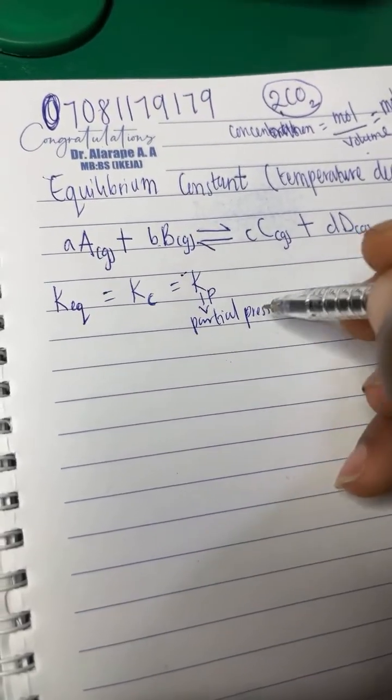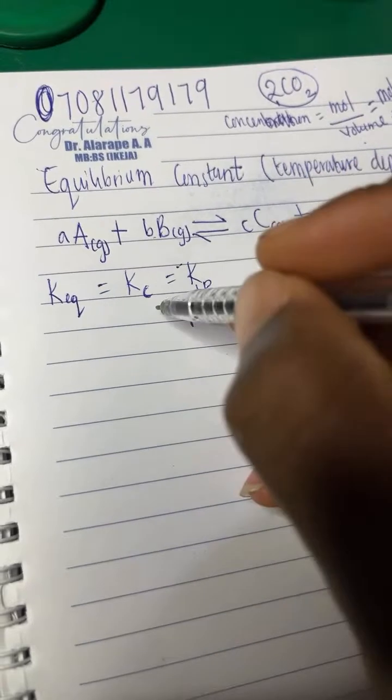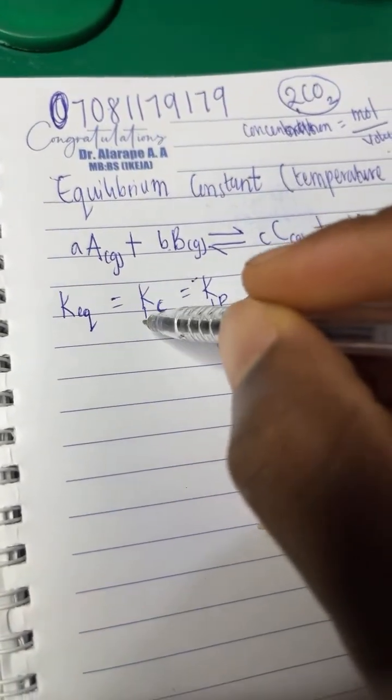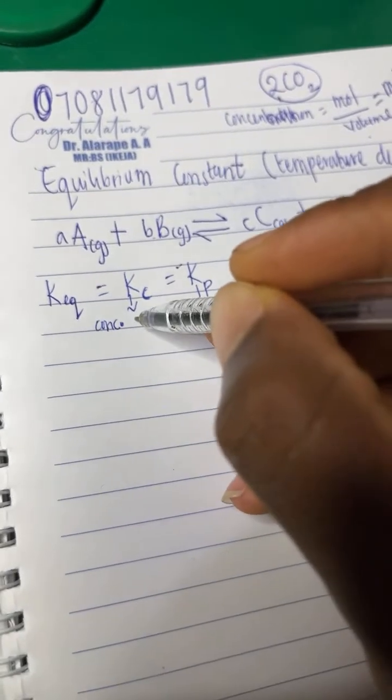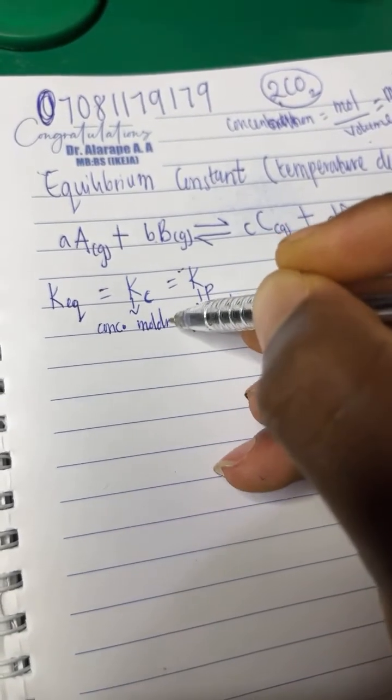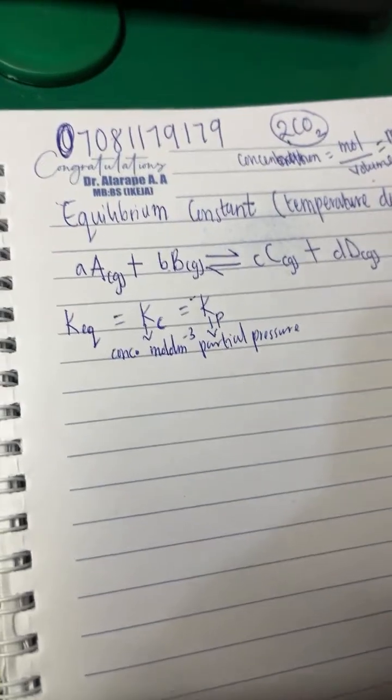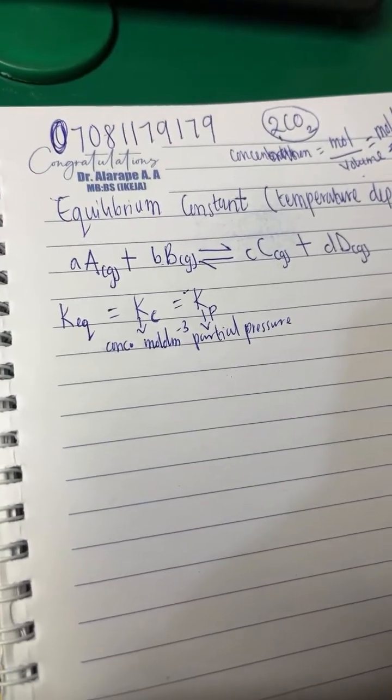In JAMB, they won't always give you KP, but they will always give you KC. KC talks about concentration in moles per dm cube.